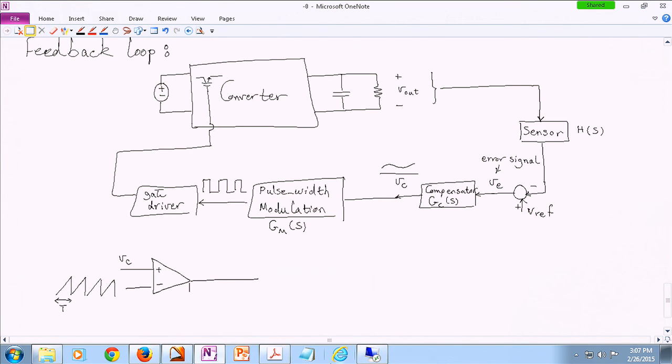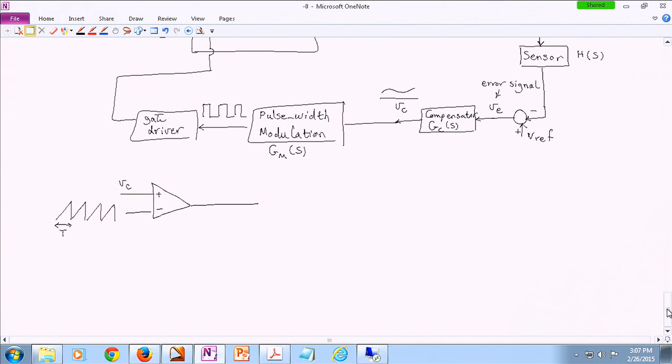Let me just zoom in a little bit here. Okay. So remember, when VC is greater than, because this is a comparator, when the positive input is greater than the negative input, the output is 1 or true or something like this.